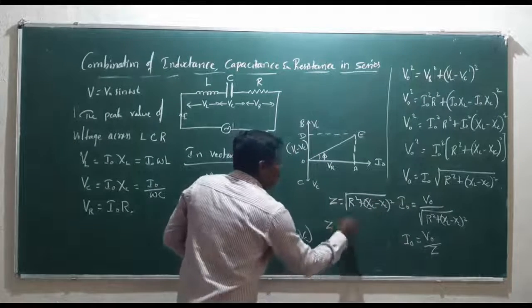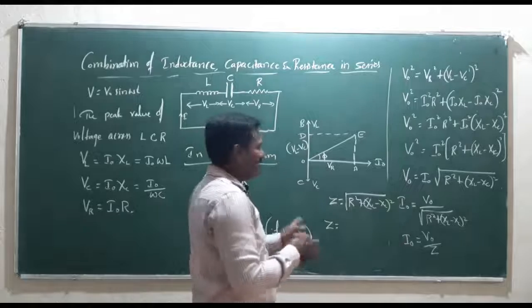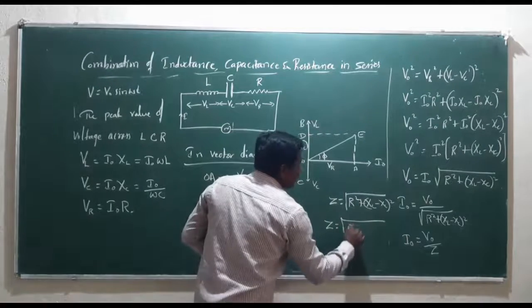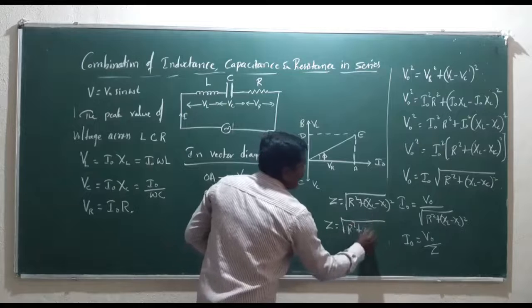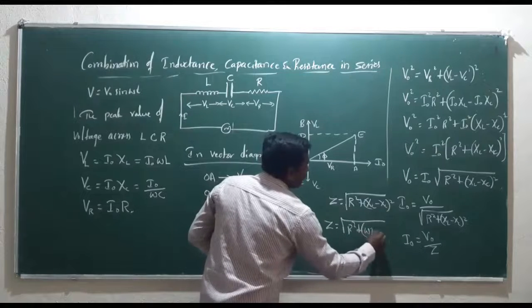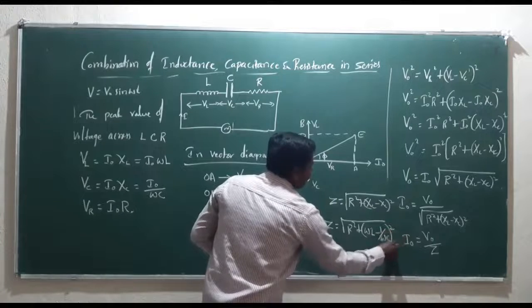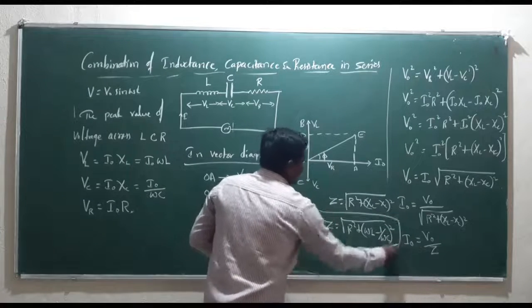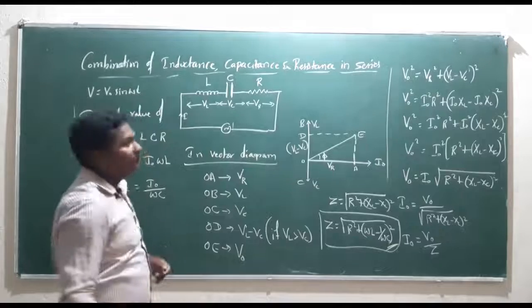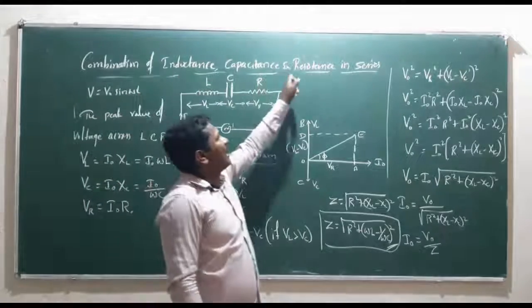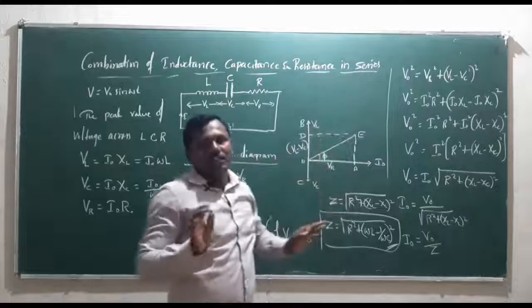Now we know the values of inductive reactance and capacitive reactance, so that can be written as R square plus (omega L minus 1 divided by omega C) whole square, and this is the final expression for the impedance for the combination of inductance, capacitance and resistance in series.